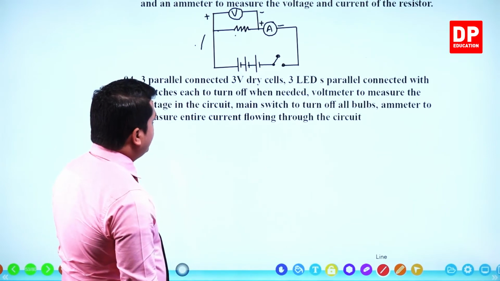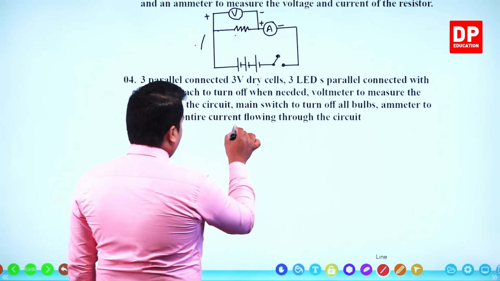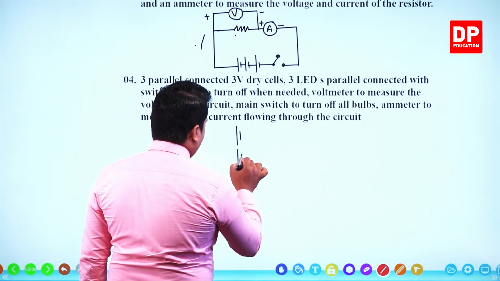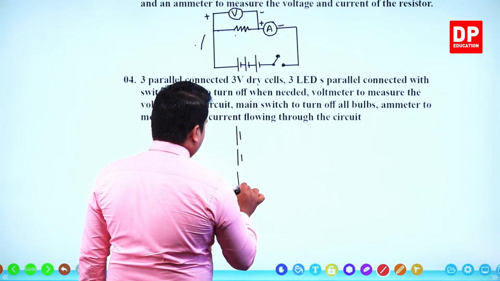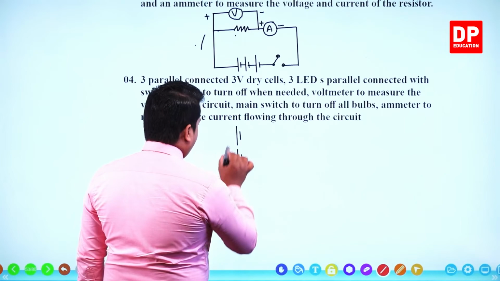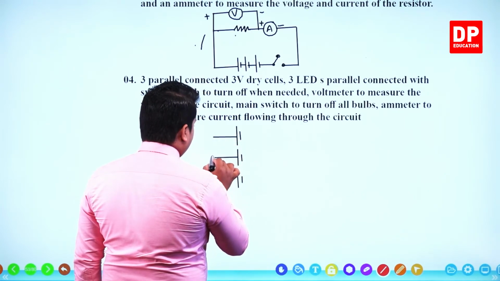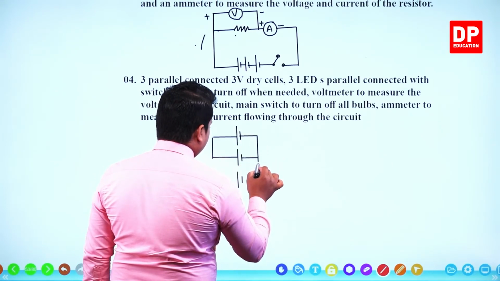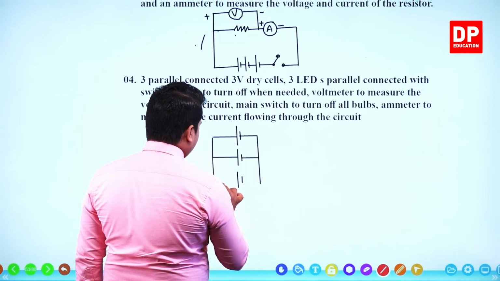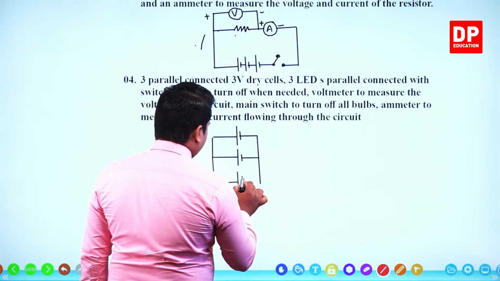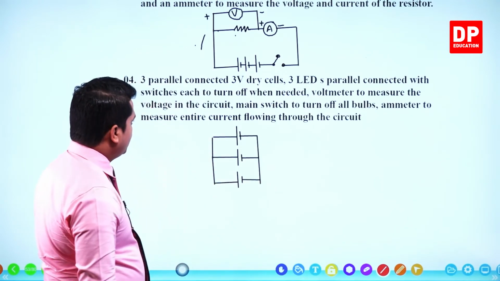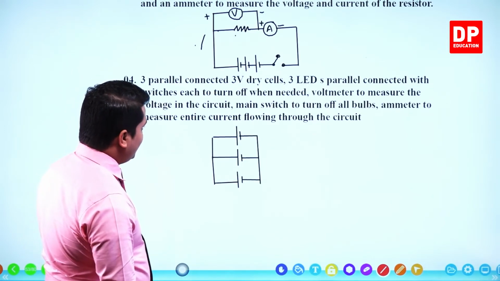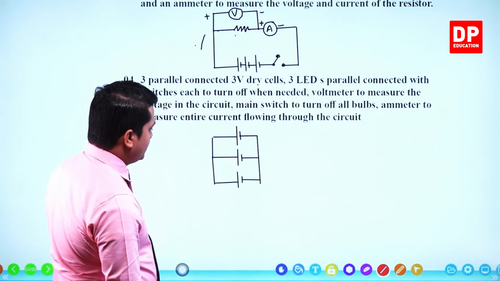3 parallel connected 3 volt dry cells. 1, 2, 3. Parallel connection. Okay. 3 LEDs parallel connected with switches each to turn off when needed.